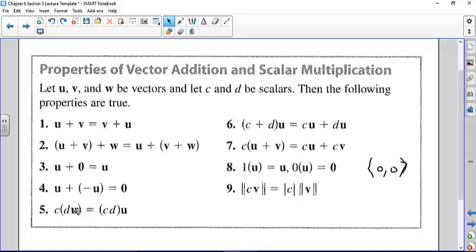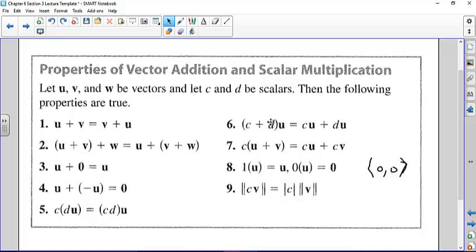As far as scalars, if you take a scalar times a vector, so you multiply this out first to get another vector, and then you multiply by the second scalar, it's the same as multiplying the scalars together first and then multiplying by the vector. Here you have the sum of two scalars times a vector.